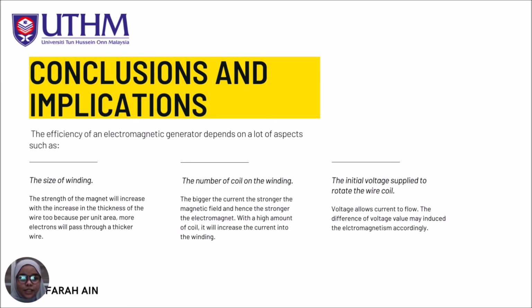It affects the electromagnetic generator efficiency. The bigger the current, the stronger the magnetic field, and hence the stronger the electromagnet. With a high amount of coil, it will increase the current in the winding. Lastly, the initial voltage supplied to rotate the wire coil. Voltage allows current to flow. The difference in voltage value may induce the electromagnetism accordingly.